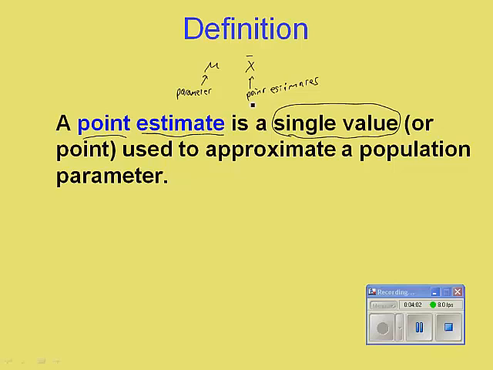But when we took point estimates, that was when we just took our 4 digits, a sample, and we computed the mean. Those means were all over the place. And we actually graphed them, and as we started to graph them, they started to look more and more like a bell curve, like a normal distribution. So these are point estimates. And will this be exactly the same as mu?